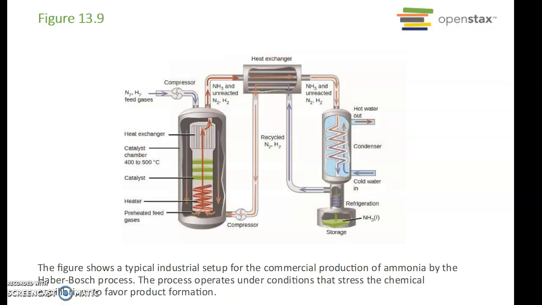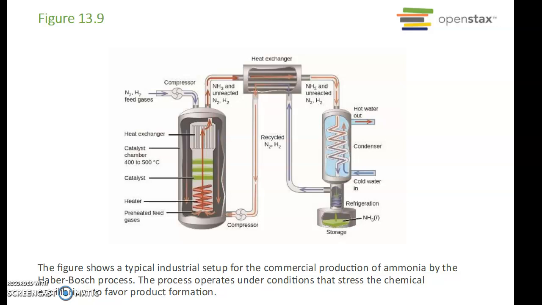One of the very famous ways in which you do this with the help of a catalyst is the Haber-Bosch process, which is the commercial production of ammonia. Very useful for production of ammonia, which is then used for making a whole lot of different fertilizer products.